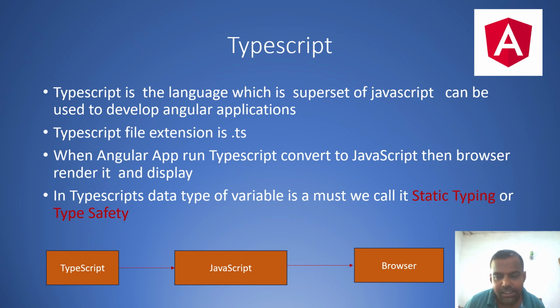It has type safety because in TypeScript, variables and constants must have a data type, so we call it type safety or static typing. When you write code in TypeScript, it is converted to JavaScript and then rendered by the browser.